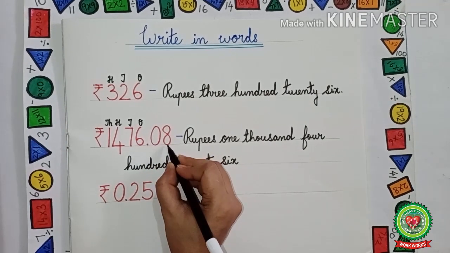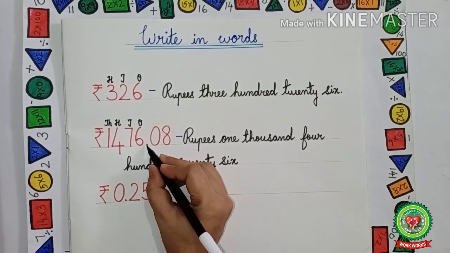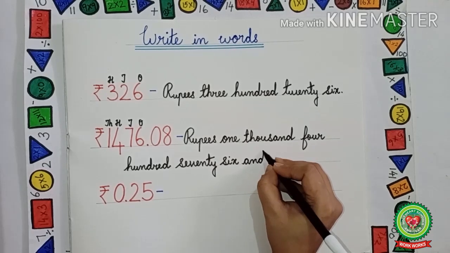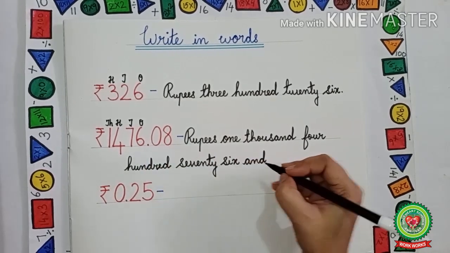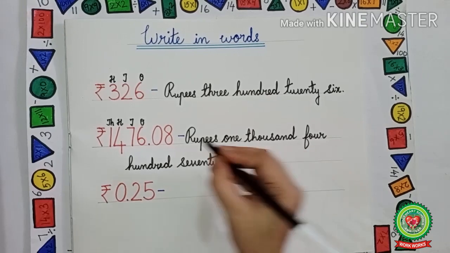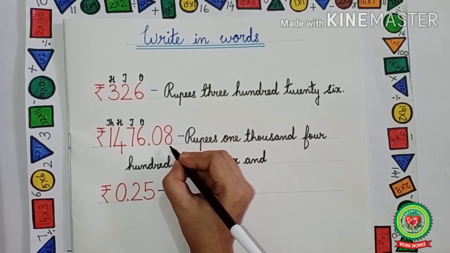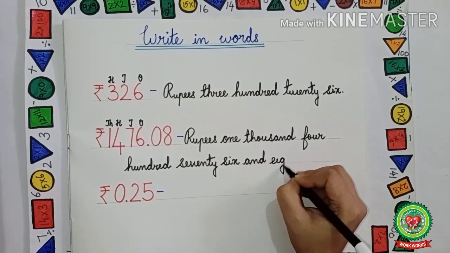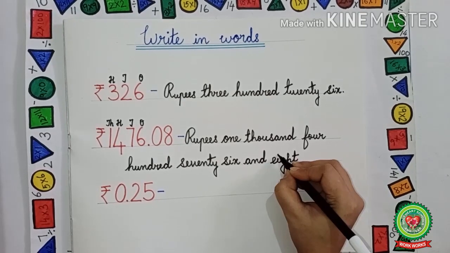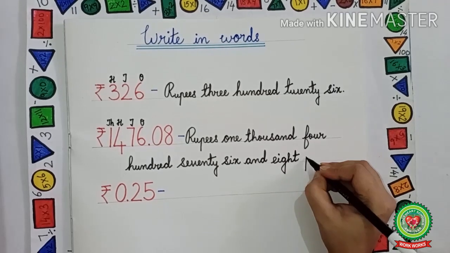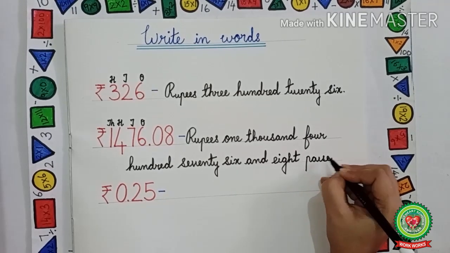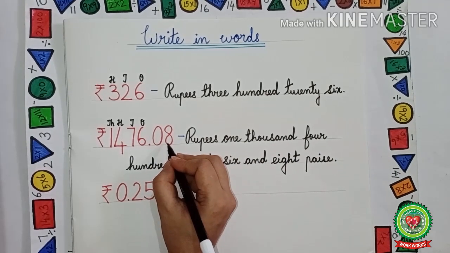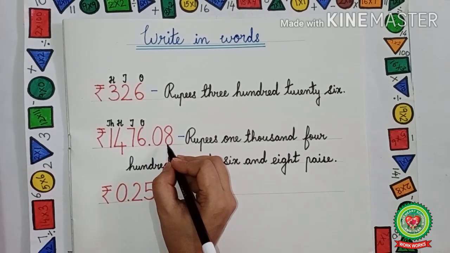So 08 means 8. So whenever there is a point, we will write and. When we will write the amount after the point in words, we will first write and. Then 08 means what? 08 means 8. So we will write over here 8 paise, because we know that the numbers or the amount that is at the right side of the point, those numbers are the paise.